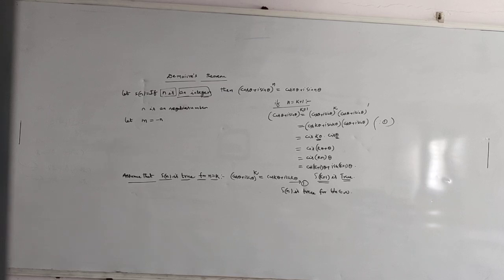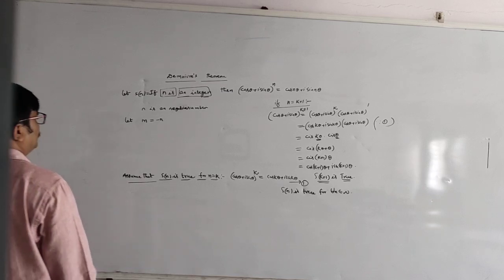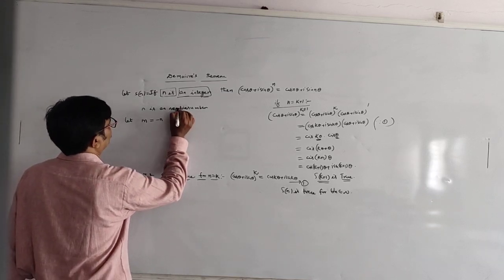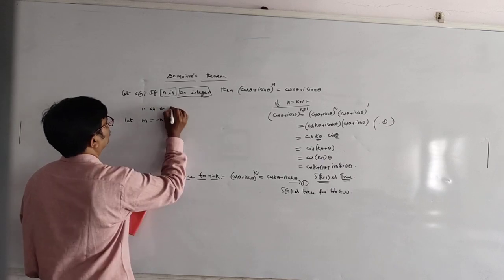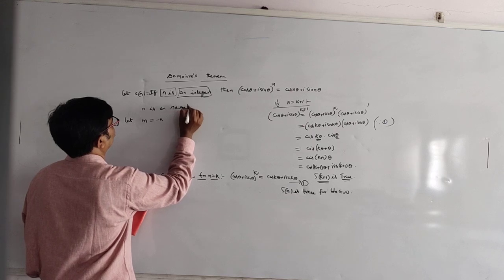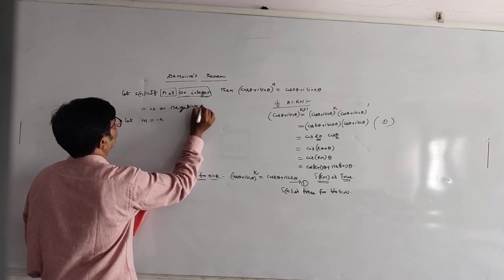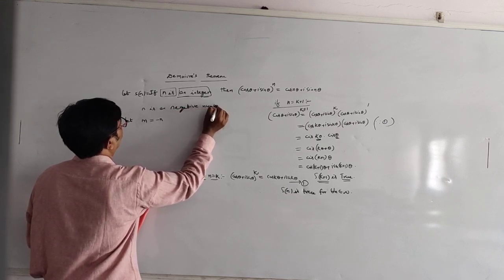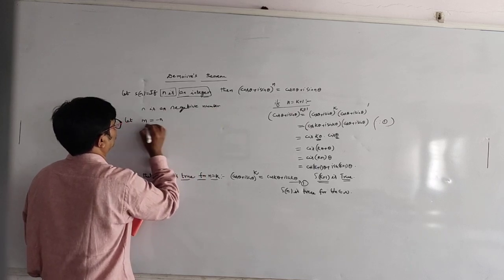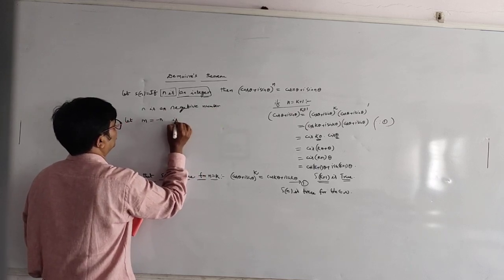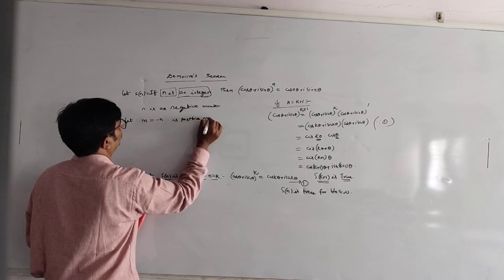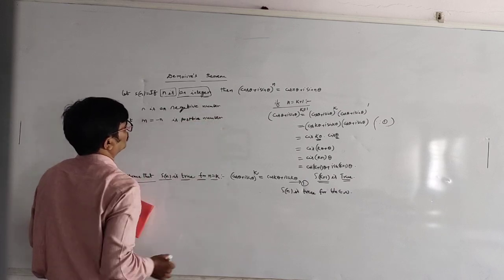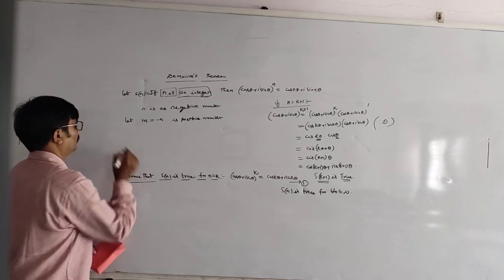So when n is a negative number, m equal to minus n is a positive number.